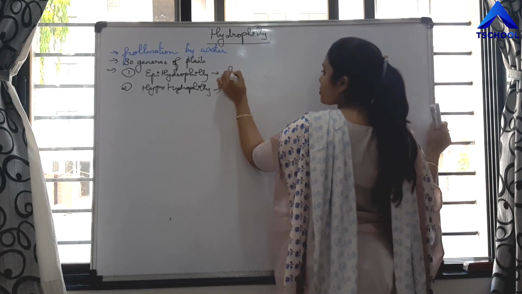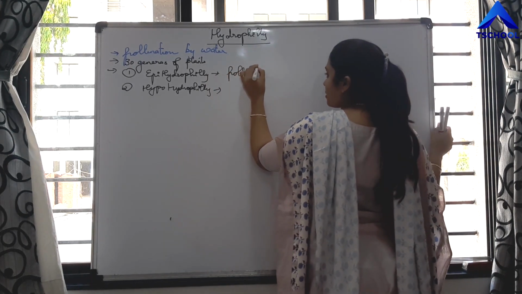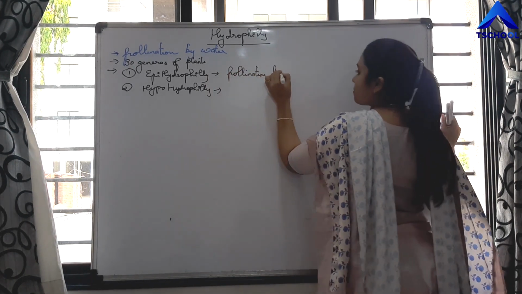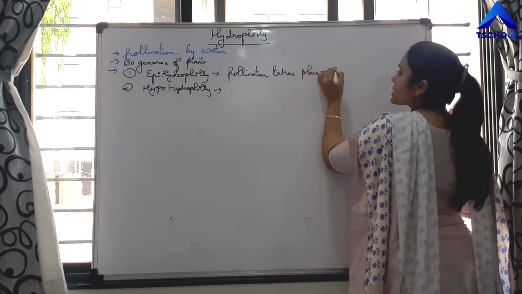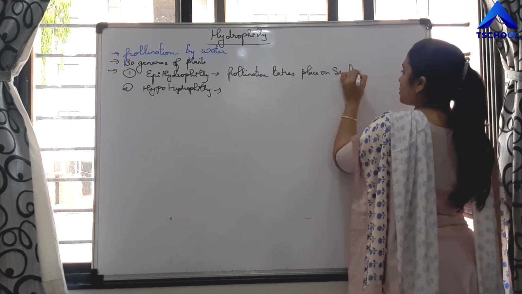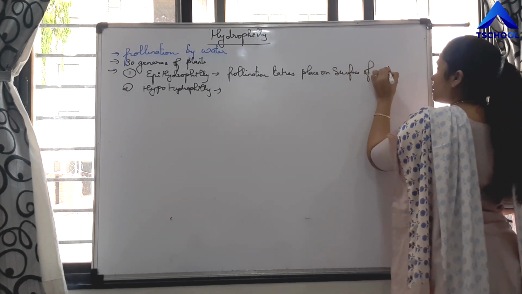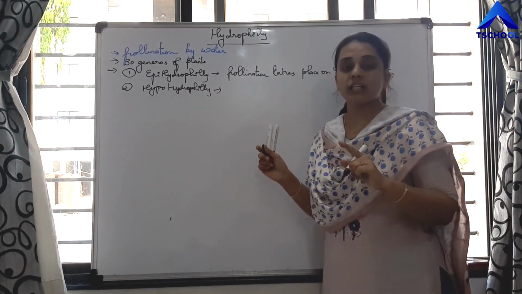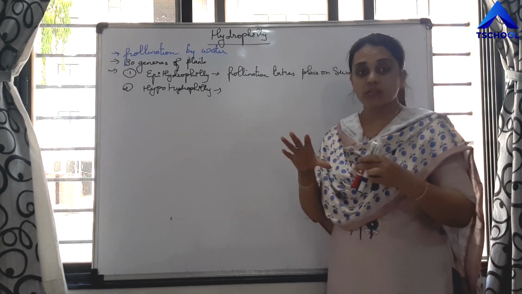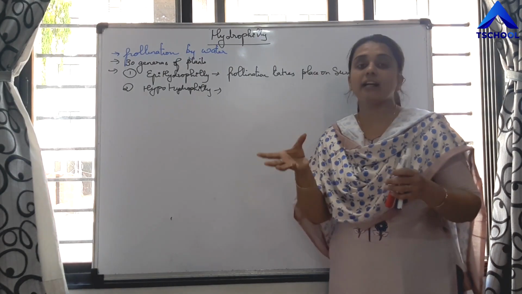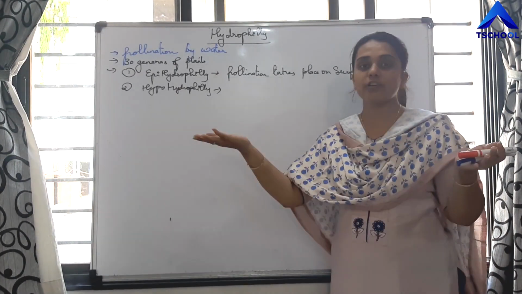So if pollination takes place on the surface of water, water is only helping in pollination, but where is pollination happening? Where are the anthers getting attached to the stigma? It is on the surface of water.